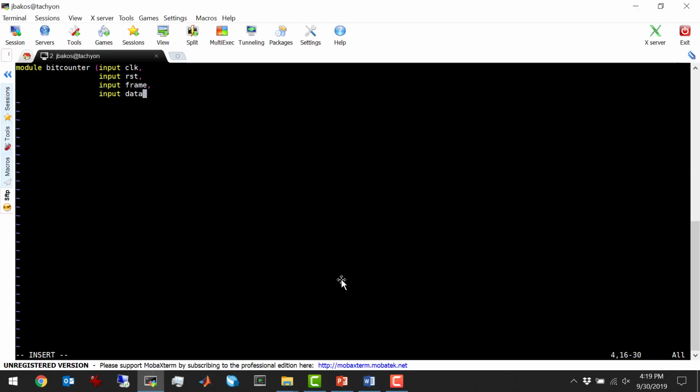Data, yeah, data frame, and then we have output logic [7:0] count00, count01, count10, not that it matters, count11. And endmodule.